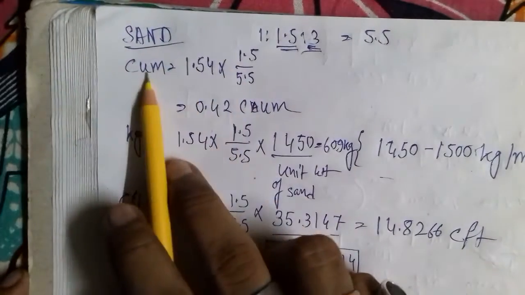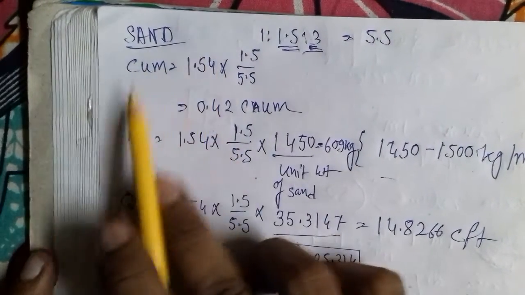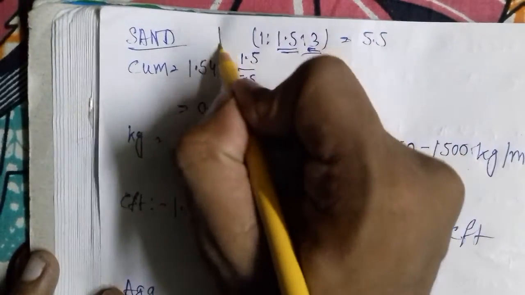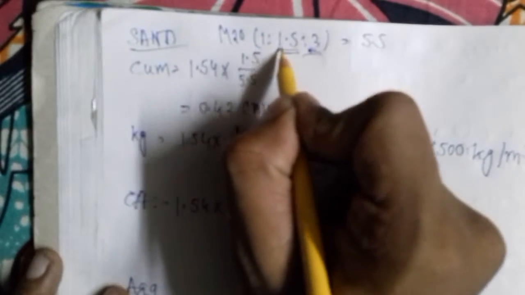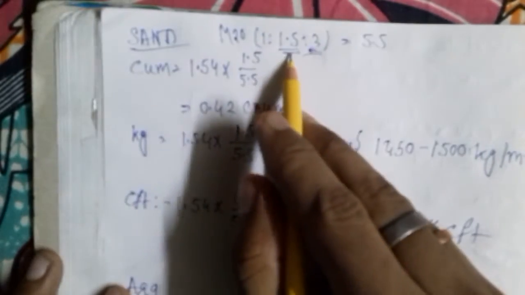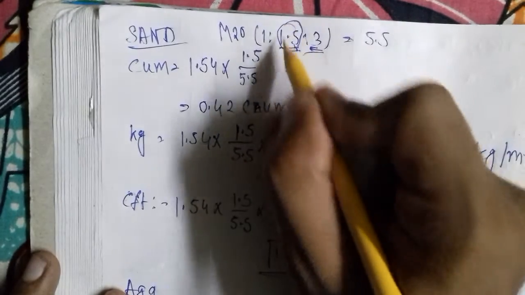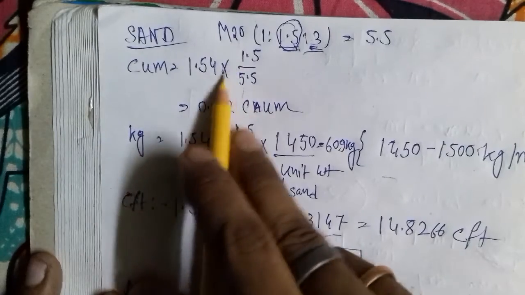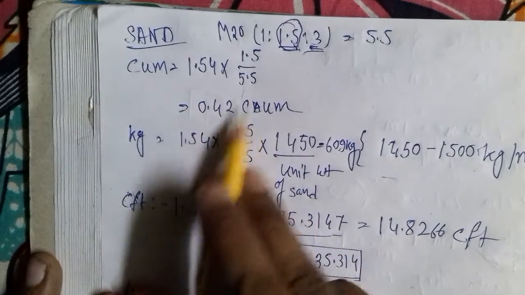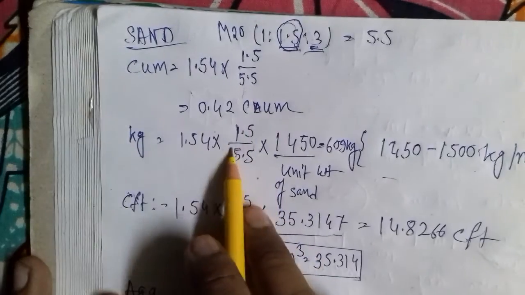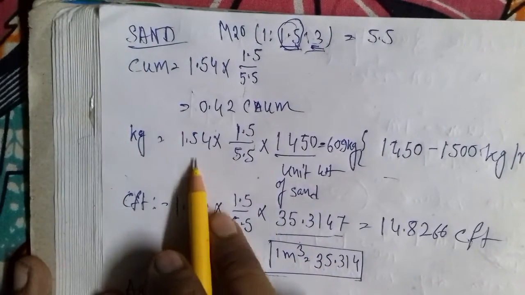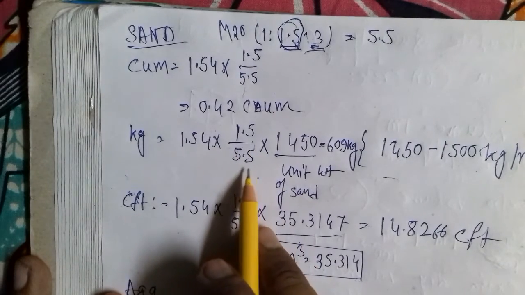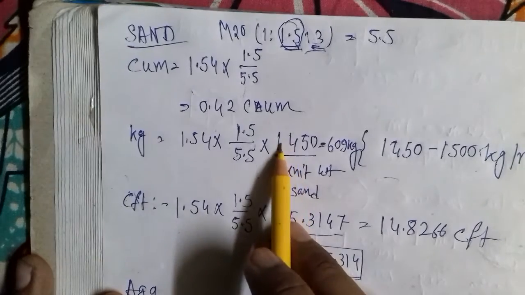Okay, let's also discuss sand. The sand value in cubic meter is 1.54 into the ratio, taking M20 ratio 1:1.5:3. So for the sand amount, 1.54 into 1.5 divided by 5.5, we get 0.42 cubic meter. For the value in kg, 1.54 into 1.5 divided by 5.5 into 1450.